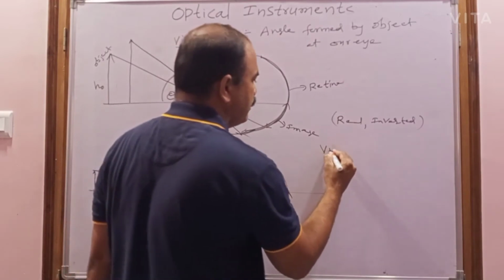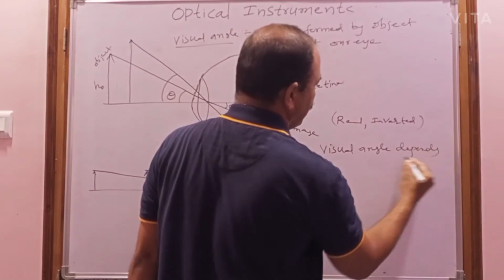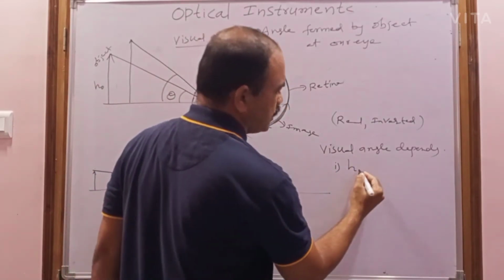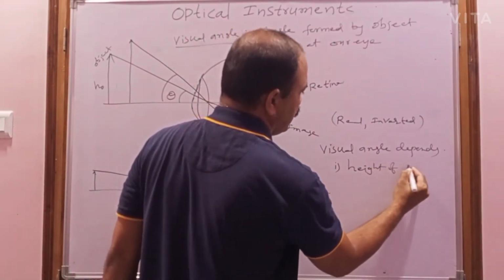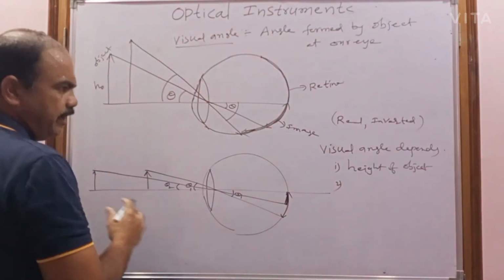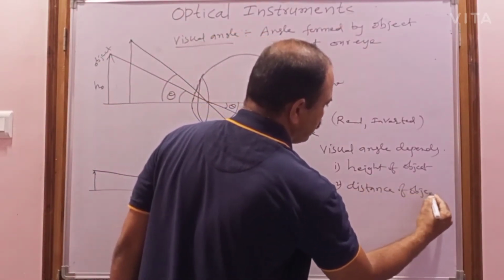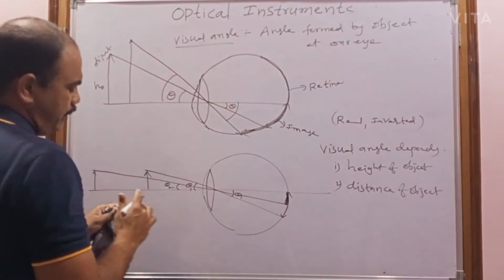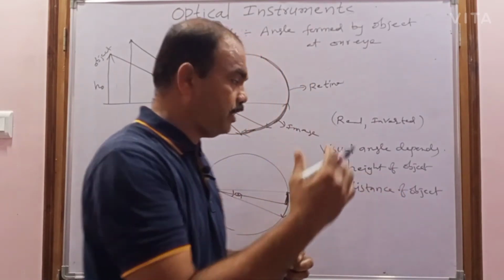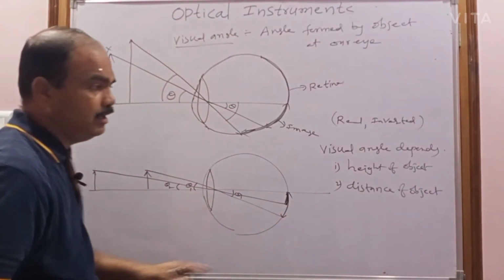So to change the visual angle, we have to increase the height of the object, or we may increase or decrease the distance of the object.